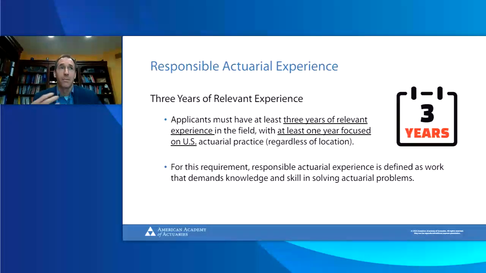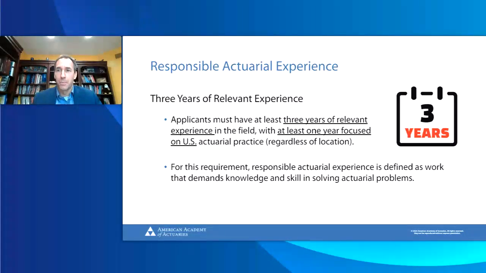We want some objective criteria in evaluating those applications. As the U.S. Actuarial Organization, we want anyone working on U.S. actuarial work to become members of the Academy. And this is just a way of making sure that the people who are joining have the experience in working on U.S. matters before they represent themselves as members of the U.S. Actuarial Organization.